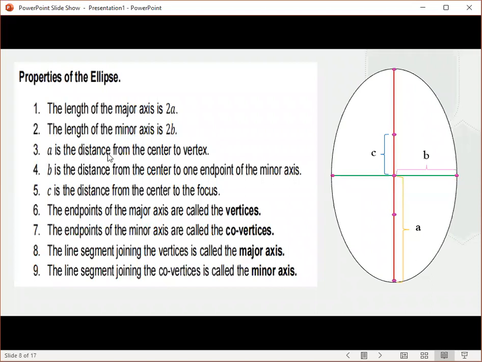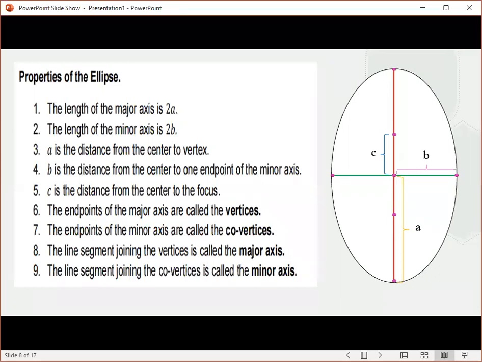Now, a is the distance from the center to the vertex. b is the distance from the center to one endpoint of your minor axis, or the shorter axis. c is the distance from the center to the focus.